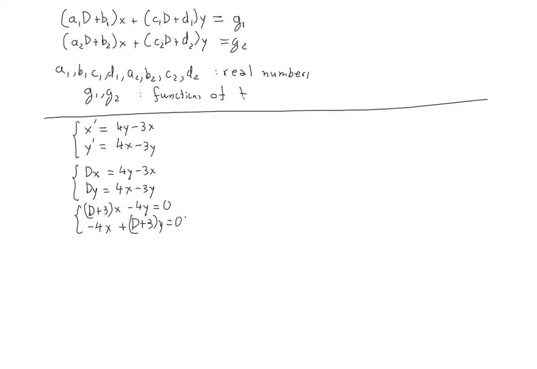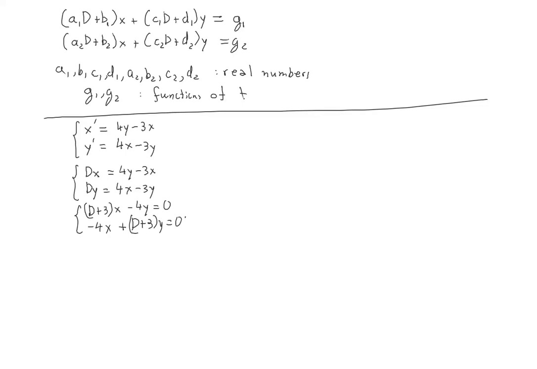So the idea is as follows: you will have to create pretty much opposite coefficients for x. And when you have created opposite coefficients for x, then you will be able to add the two equations and get rid of x. And then you will have a differential equation that has only y. Okay, and that should be enough.